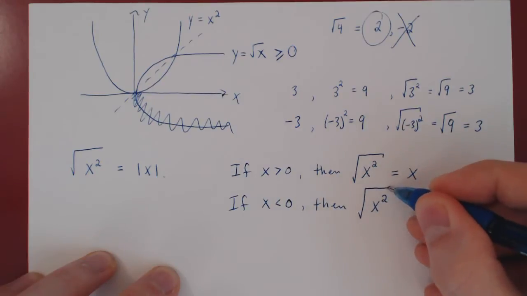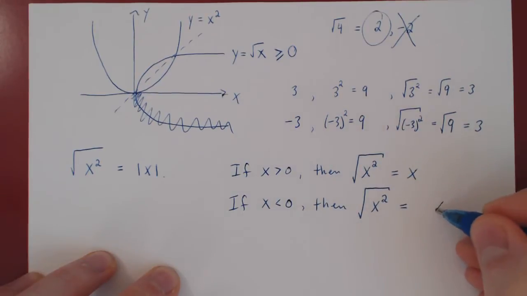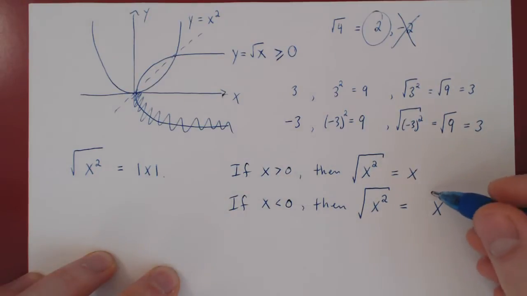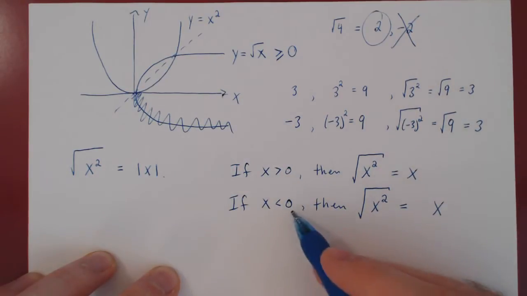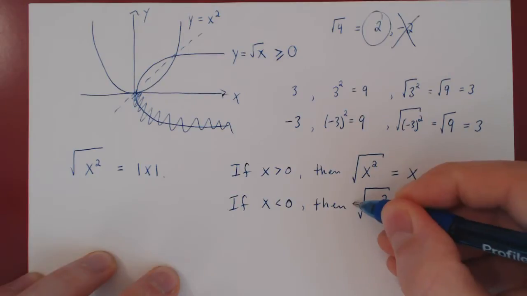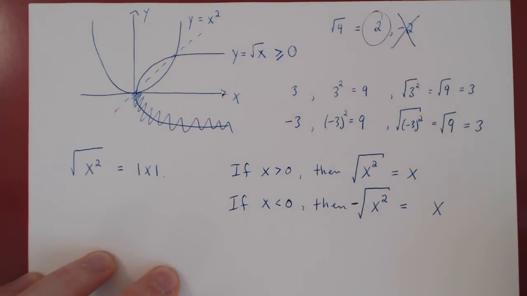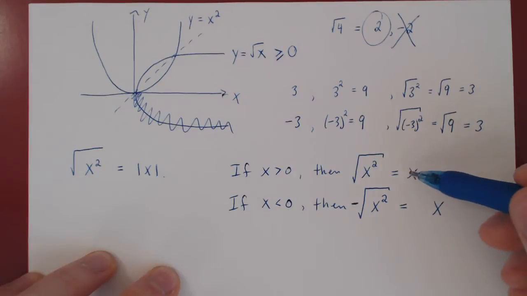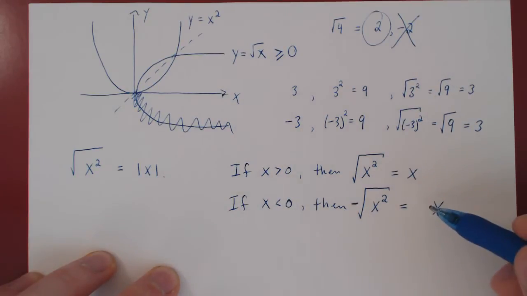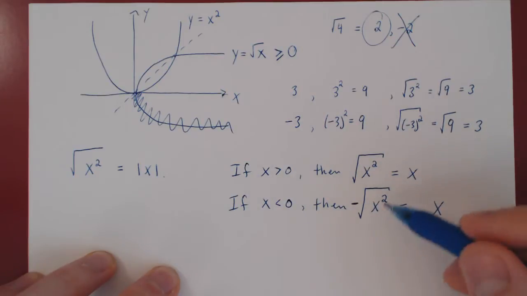The root of it will still be positive, but x is negative. So there's something wrong here. x is negative, but the root of x squared is positive. To offset this difference, you have to negate the square root. And so if x is positive, x is the root of x squared. If x is negative, x is the negative of the root of x squared.